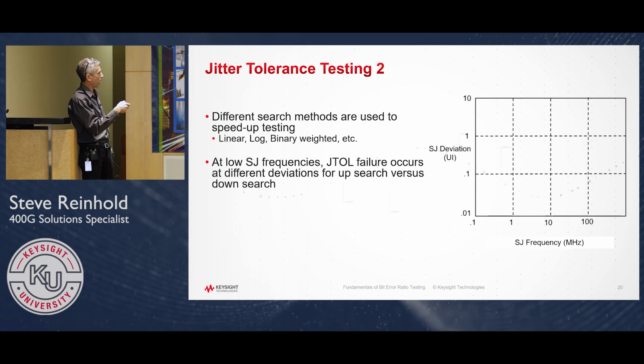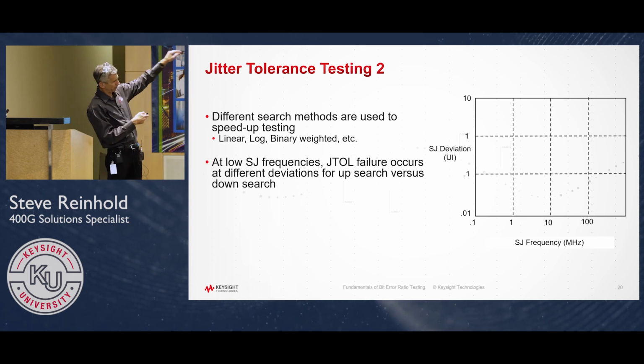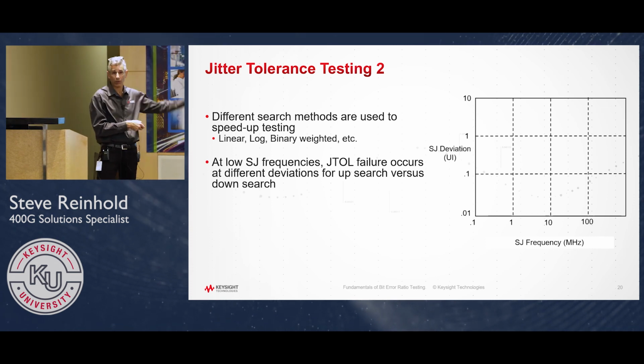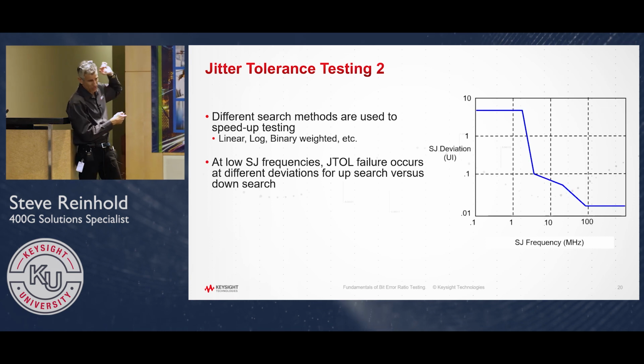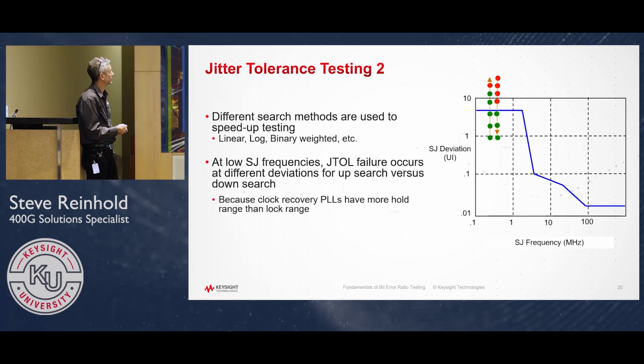You might do a top-down search at low jitter frequencies because you're pretty sure that your clock recovery can track out all of the low frequency jitters. So you just test the worst case first. If it passes, you don't have to test any of those lower points.